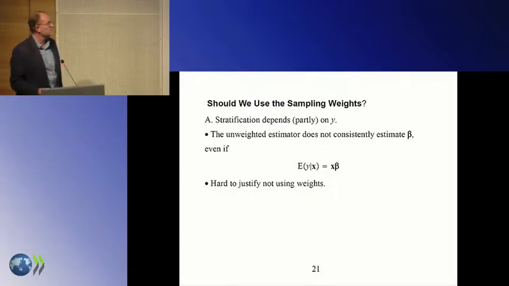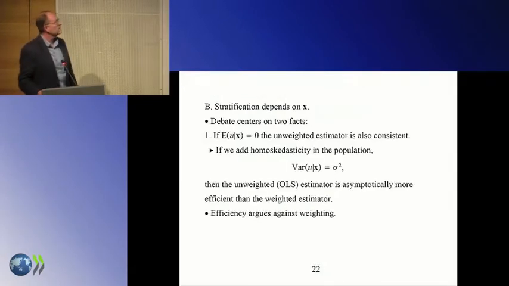So the real discussion seems to be when the stratification depends on the x's. This might be geography, it might be some right-hand side variable like income if you're looking at student outcome type regressions. So let's assume that the stratification depends on x, and so these are things you're controlling for. The debate seems to center on these two issues.